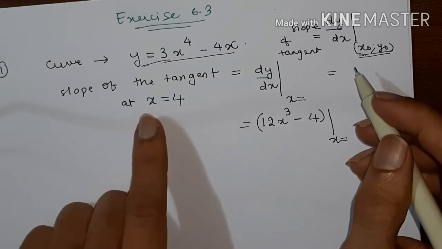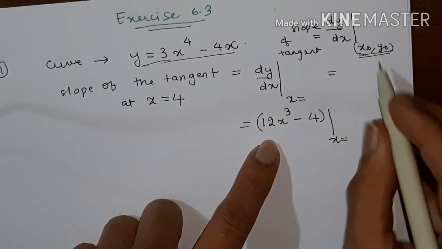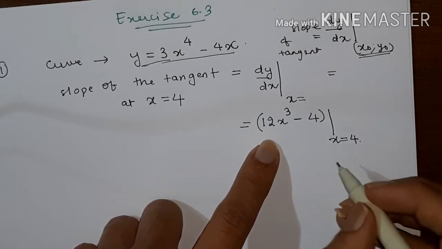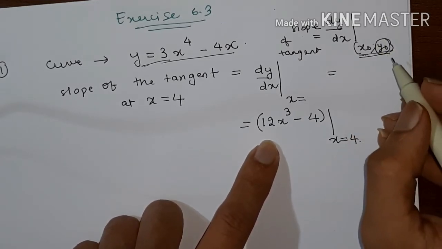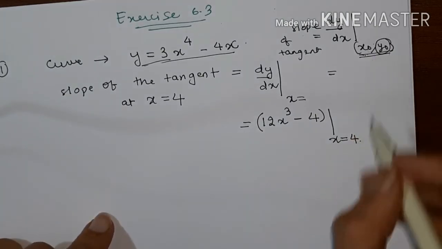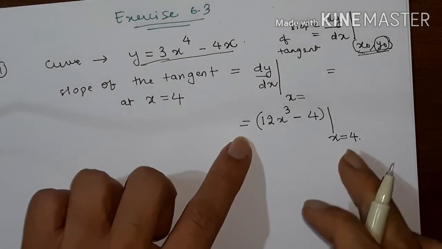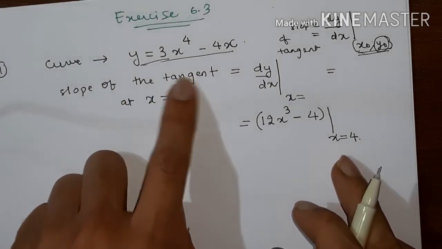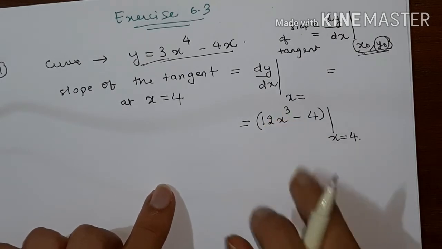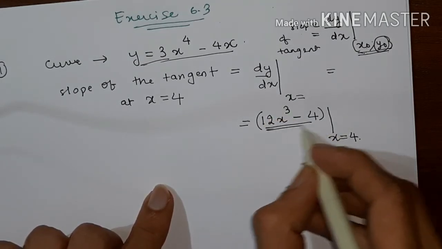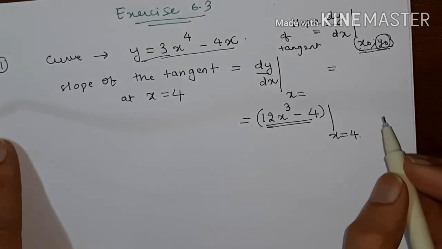So we can write this as x equal to 4. No need of finding this y naught. So x naught is 4. Have you understood? We only have to check the slope of the tangent at x equal to 4, and that will give you the slope, because this expression does not have y in it.